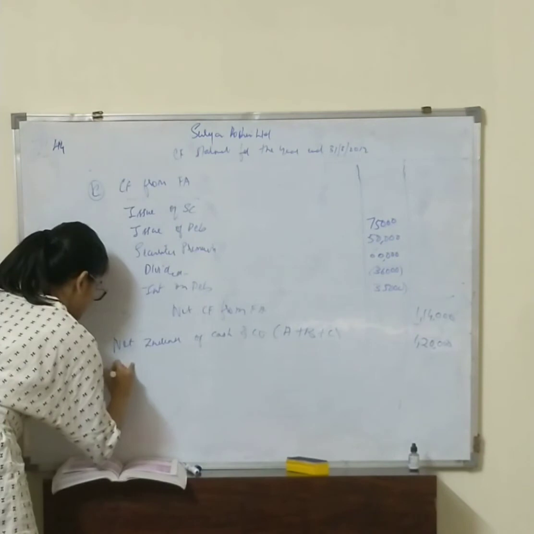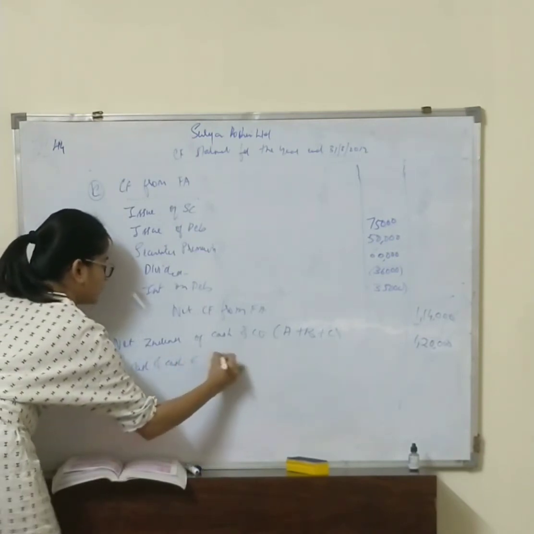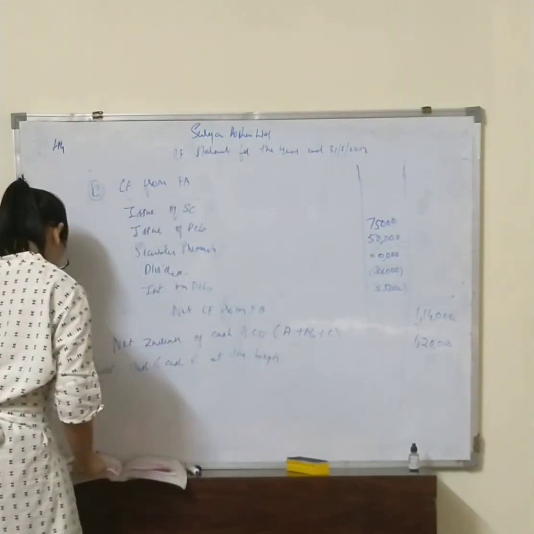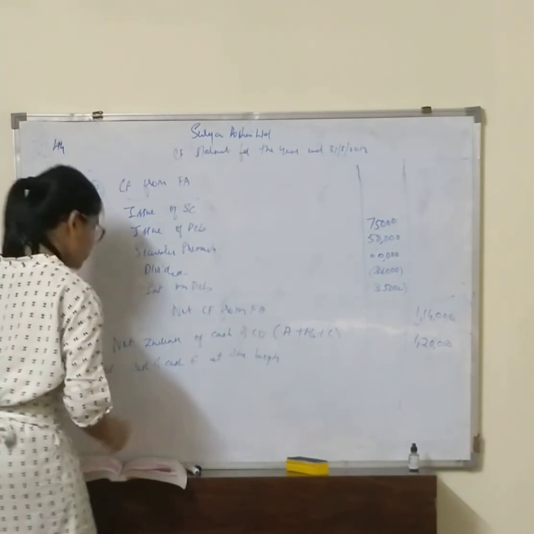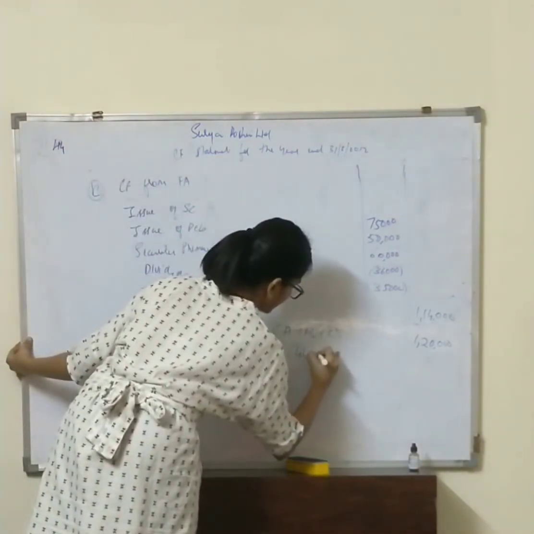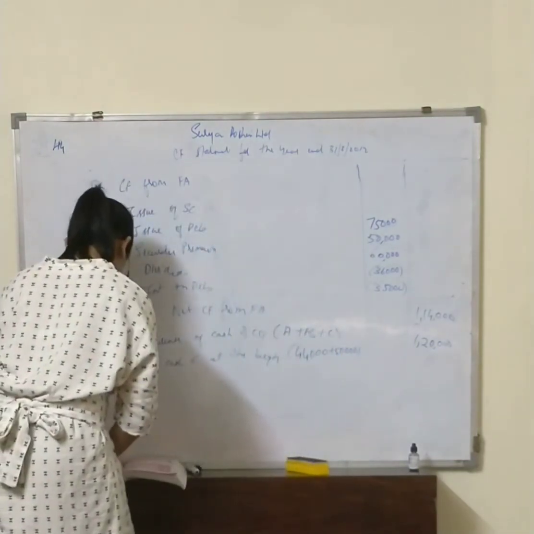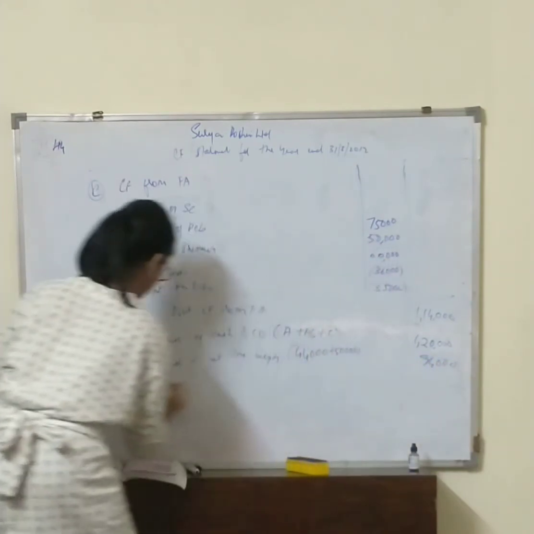Then we add cash and cash equivalents at the beginning of period. So in our balance sheet we have cash and cash equivalents and we have current investment. So 44,000 plus 50,000, 94,000. So what is the answer we get?